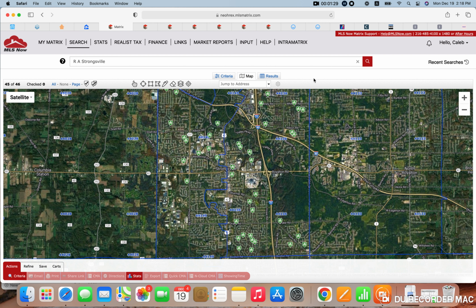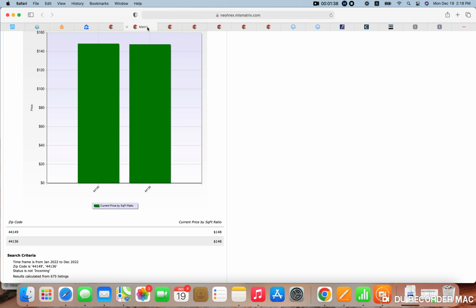So one of the first things that I look at when I'm just curious about a certain city or even zip code is going to be the average dollar per square foot that houses are typically selling for. So this data, as I mentioned, has been pulled up from my local MLS, and the time frame for this data is going to be the beginning of the year, January 2022, all the way through the current date, which is December 19th.